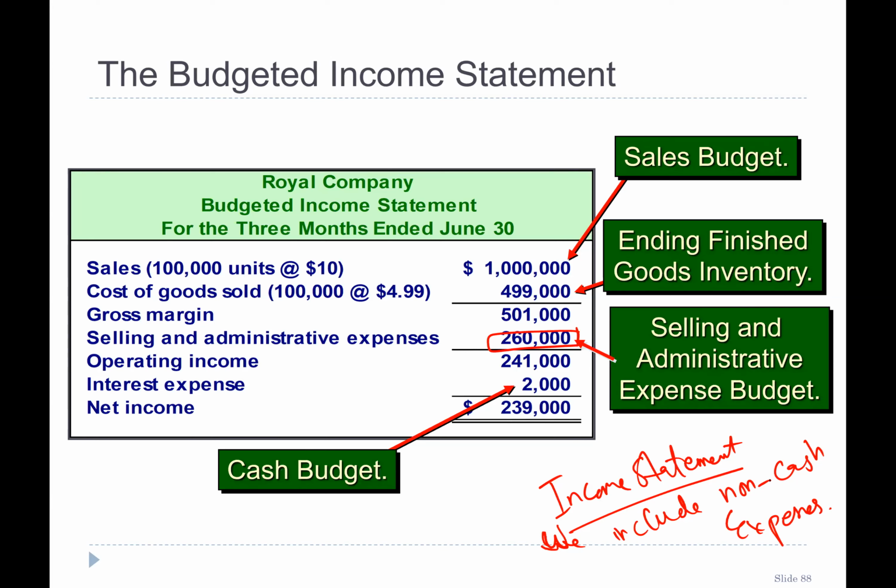Depreciation. So depreciation is a part of admin and selling expenses. So that 10,000, 10,000, 10,000 for each month from April to June is a part of admin expenses. So we included that one.